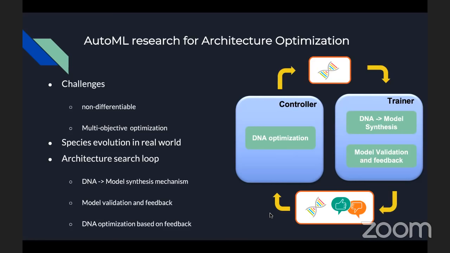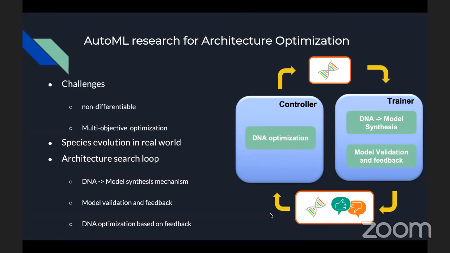We may consider how efficient this model is, for example the latency on a specific device, and combine the accuracy and the latency together as feedback. After the validation and the feedback, we design an algorithm to say whether this DNA is good or bad, or how good or how bad it is. So this DNA and feedback pair will be fed back to the controller.